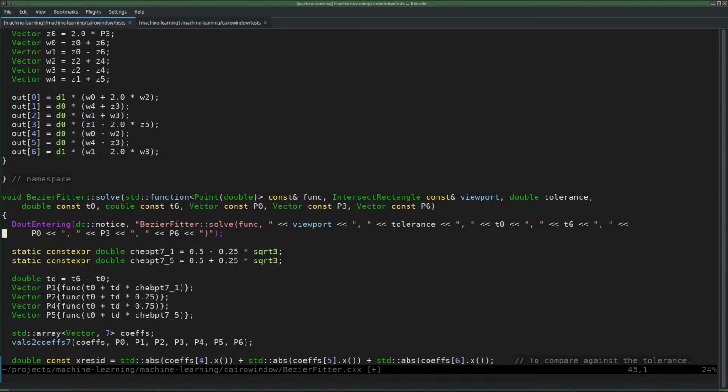Missing parentheses. So we enter this function. Oh, yeah, I'm getting it. Sorry. Even though the underlying function is now a Bezier curve, it's still going to construct its own Bezier curve based on the points.